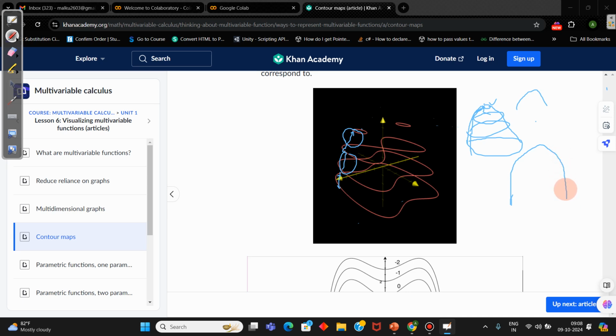So we can understand how steep the graph is, whether it's a peak value, which we saw as a mountain kind of surface, or whether it's, say, suppose a tunnel or something.